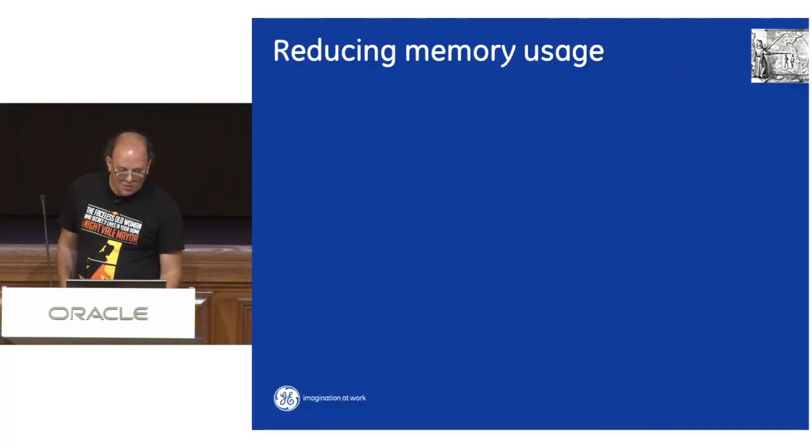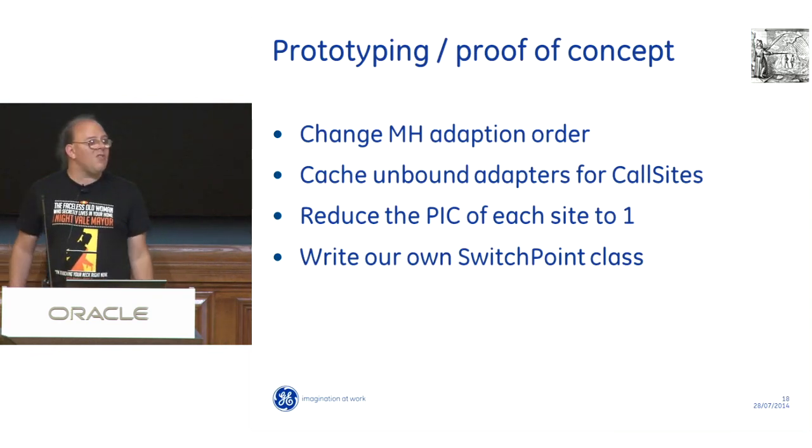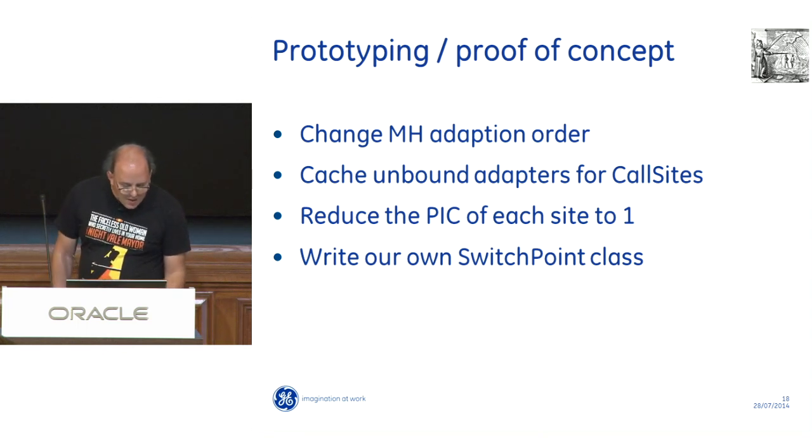So what did we do on reducing this? Well, we made some prototype branches to do this work in. We wanted to prove that it would work quickly, and we didn't want to deal with all the corner cases immediately. We changed the MethodHandle adaption order. We cached unbound adapters for CallSites and stuff like that everywhere we possibly could.